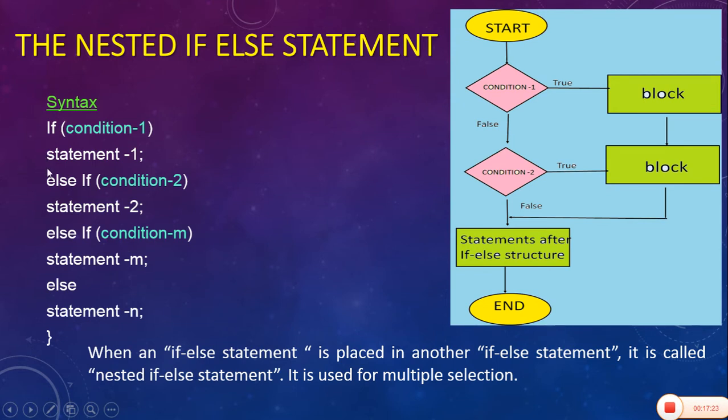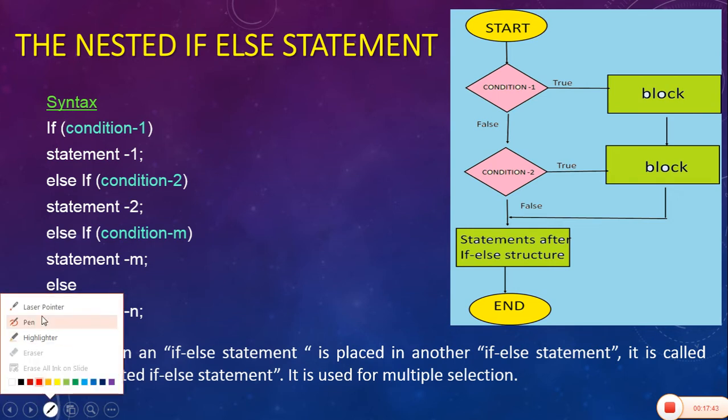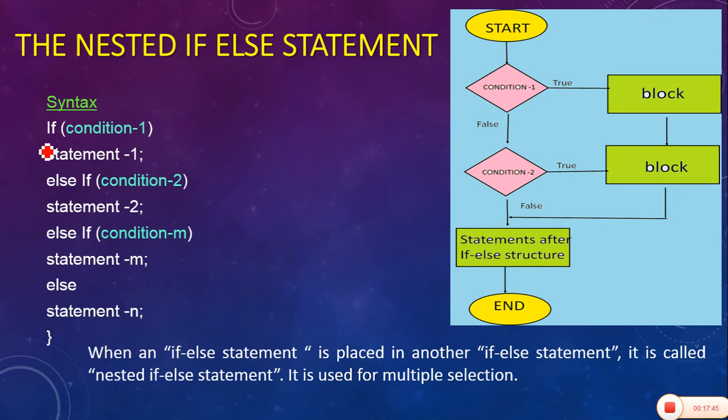Here there should be a curly bracket between statement 1 and statement m, so it will create a block for the if condition, and this is for the else condition. You should put a block over here.